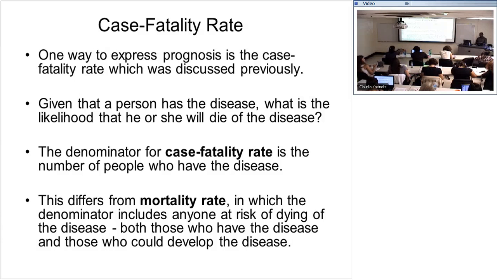In case fatality, the denominator is the number of people who have the disease, and the numerator is how many people died. In the mortality rate, the numerator is people who died, but the denominator is the entire population at risk of having the disease or dying from the disease.